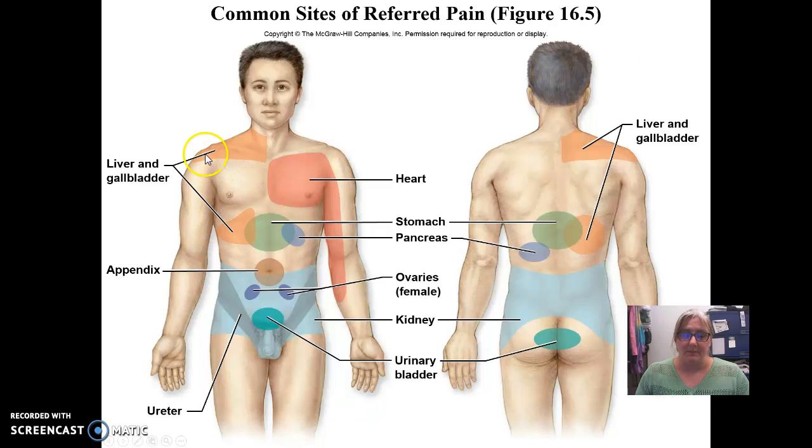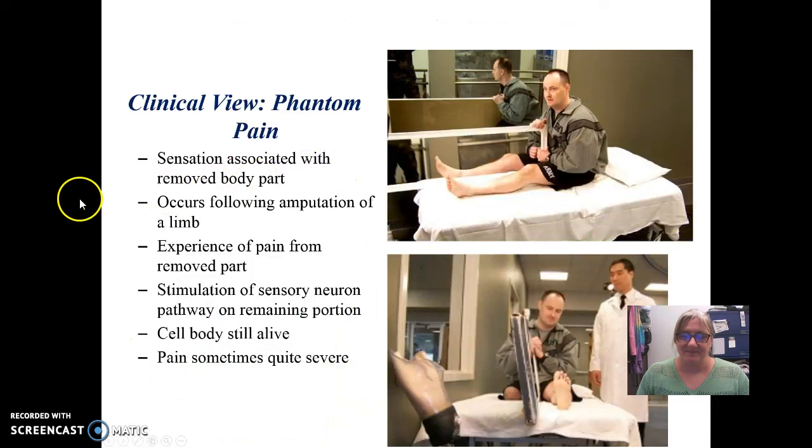I have had gallbladder attacks, and it's very painful. The appendix, our appendix is actually down here, but the appendix pain is here. The heart is the other big one that I like to talk about. The heart pain runs all the way down here and up, and often it goes into the jaw as well.